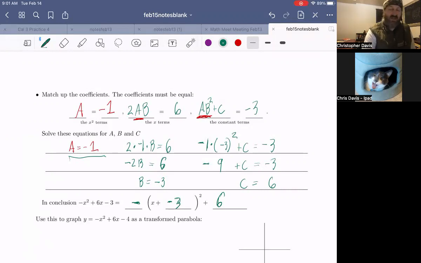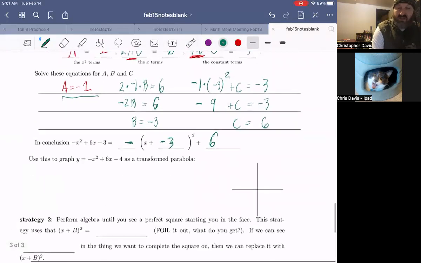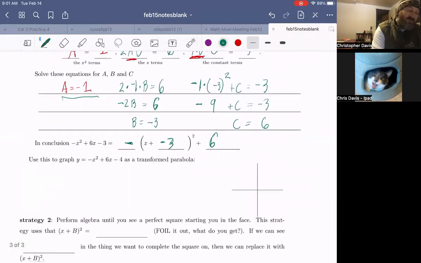If I want to graph that as a transformed parabola, well, I know how to graph this as a transformed parabola. That negative sign means I should flip over the x-axis. So it'll be a downward opening parabola. I should go right 3 and up 6. So let's go right 3, up 6.